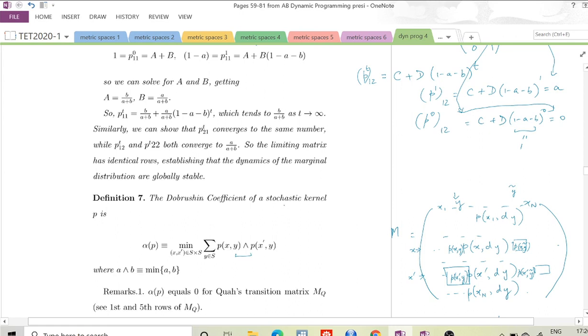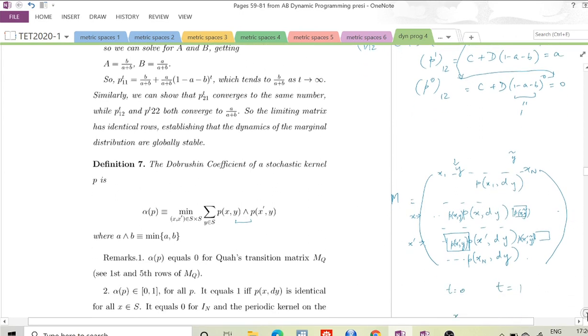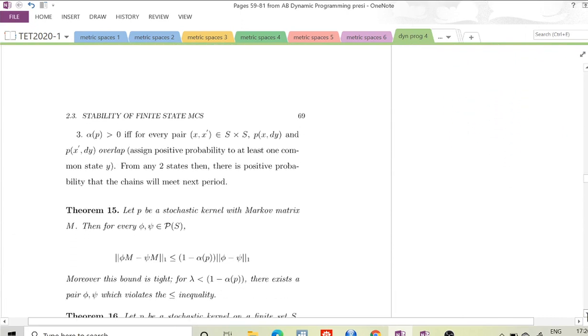So if the Dobrushin coefficient alpha of P is strictly positive, it must be the case that for every pair of states x and x prime, there is some state y tomorrow where the two chains will meet with positive probability. That is, there's some state y such that p(x, y) and p(x prime, y) are both positive. So from any two states at time t, there is positive probability that the chains will meet at time t plus 1. Fine.